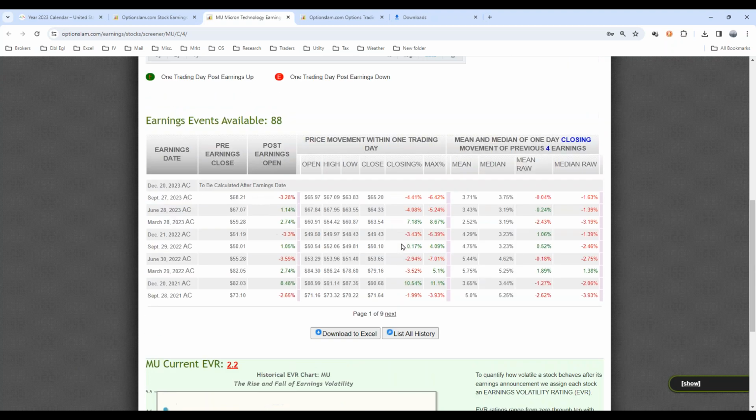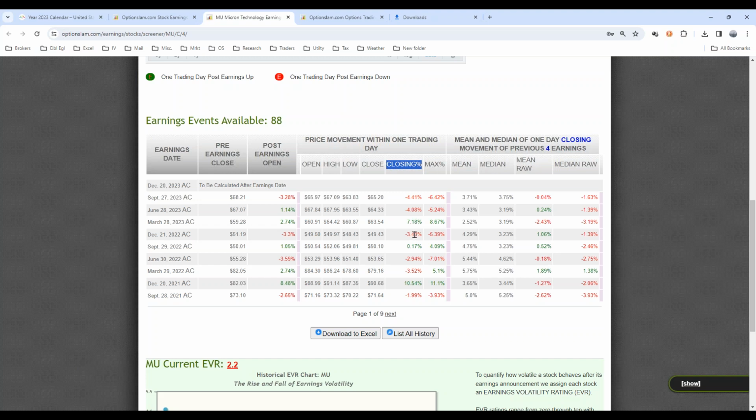So we're not really expecting a move much different than the recent moves. Let's look at the closing. I like to look at closing. I prefer closing rather than the extremes of the day. But some traders want to see both, so that's why we supply both. So the closing move has been 4%, 7.